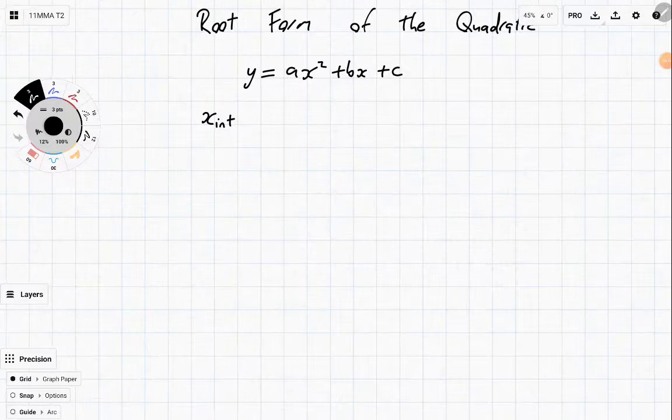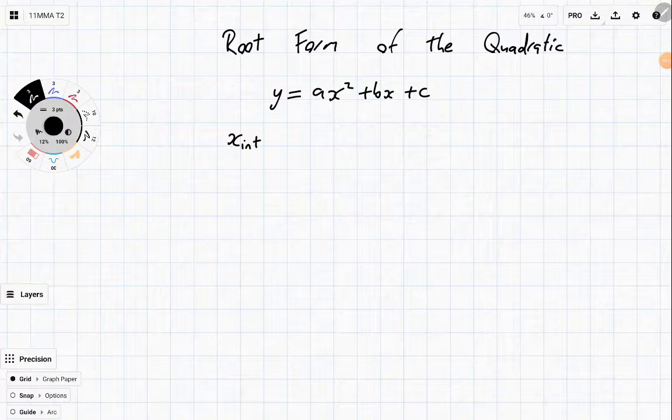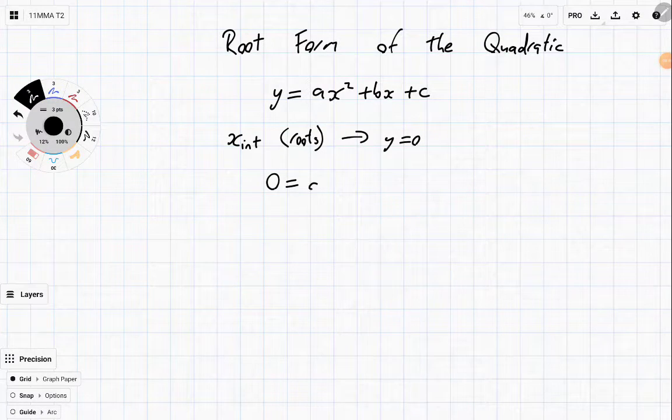Now, in quadratics and in polynomials in general, we often call these roots. And these occur when y is equal to 0, which means we end up with the equation 0 is equal to ax squared plus bx plus c, which we know how to solve from null factor law if it was something times something, but this is not that.